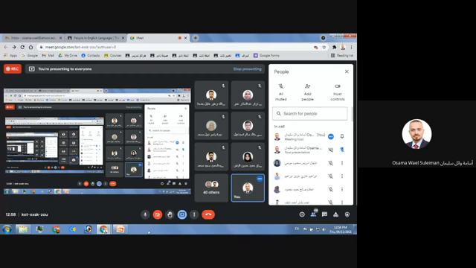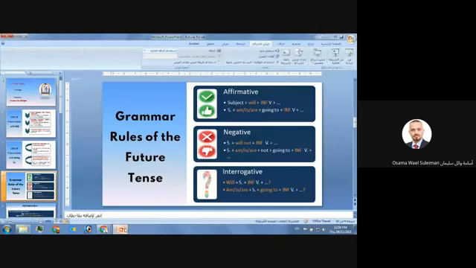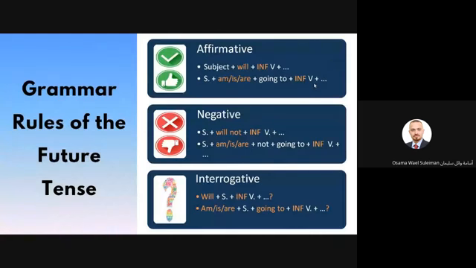So as far as the future tense is concerned, we put will, the auxiliary verb, before the subject. So what will we do? We will bring the auxiliary verb before the subject.